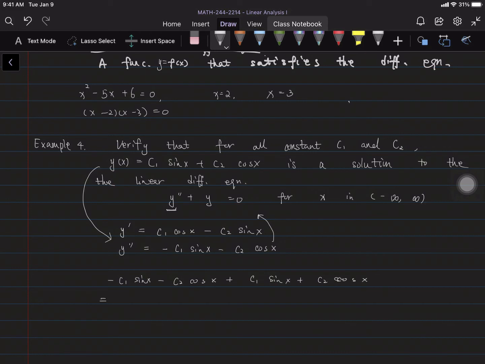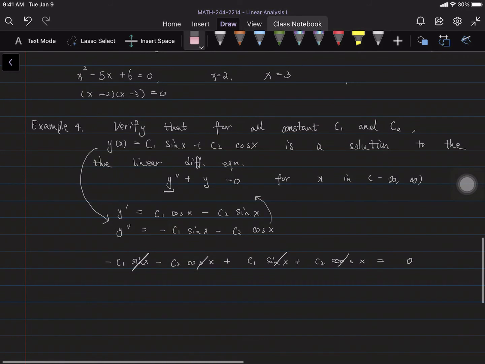We notice that there are some same common terms. The sine terms and the negative and positive cosine terms cancel, so it equals 0. So we can see when we plug in y, second derivative plus y equals 0, right? So they satisfy the equation.